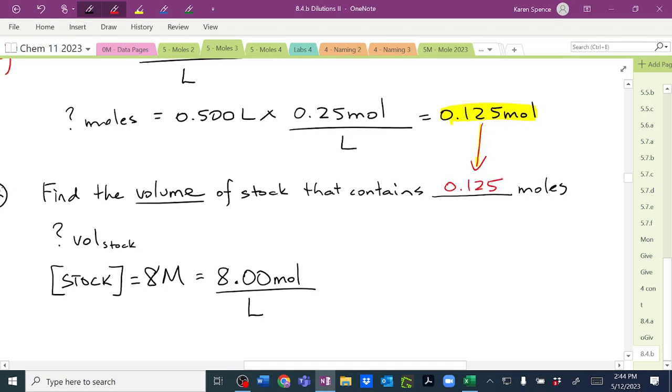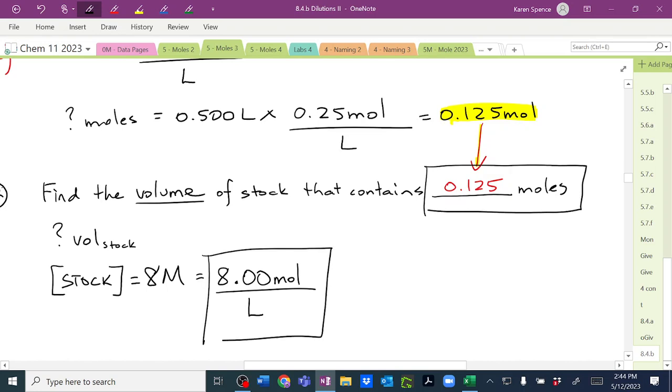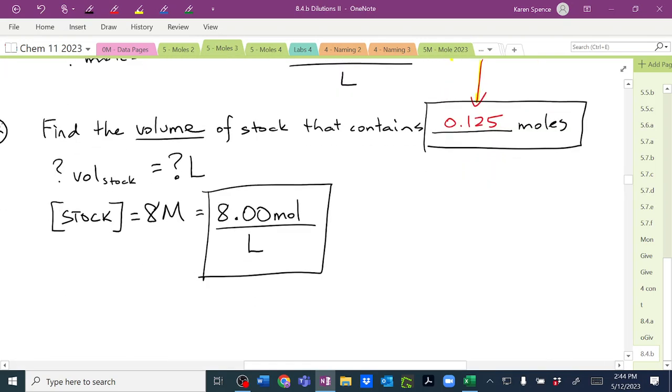So now I have 0.125 moles, and I have 8.00 moles per liter, and I want to find the volume. Could I use the two numbers in boxes to find the volume? Yes? What would I do?